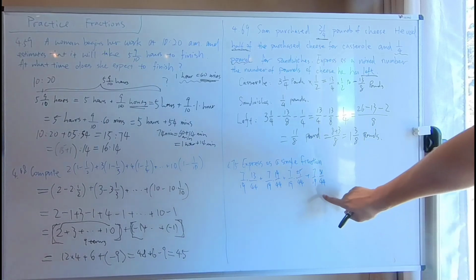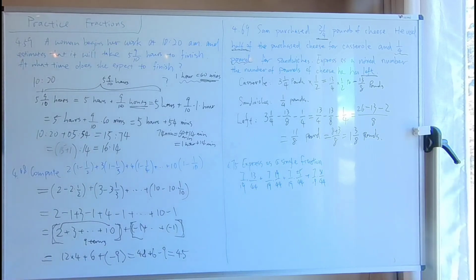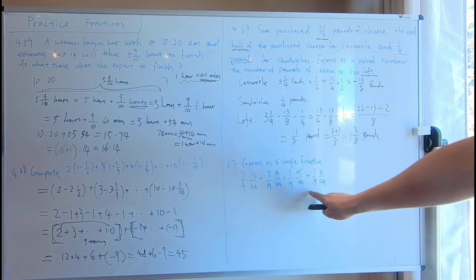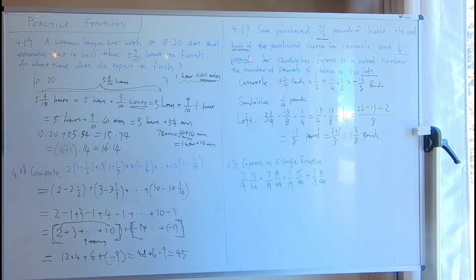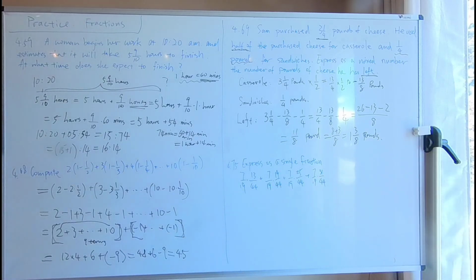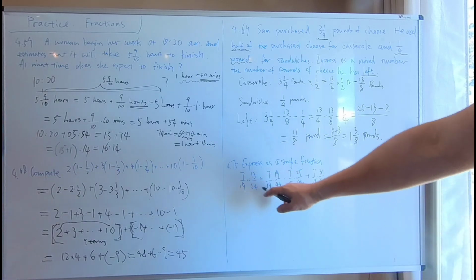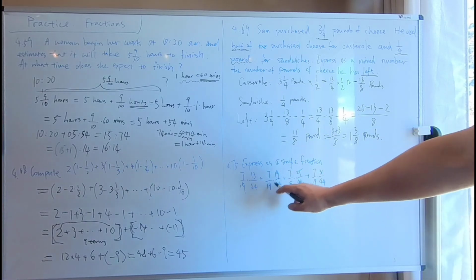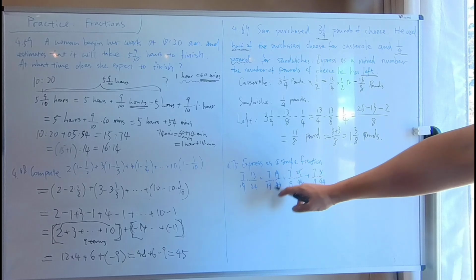Let's see the next. Express as a single fraction this expression, basically to simplify it by doing the additions and multiplication, and then to get the simplest form. So this one, always observe your question before you start writing. You can see in some places you have common numbers in the numerator and denominator.